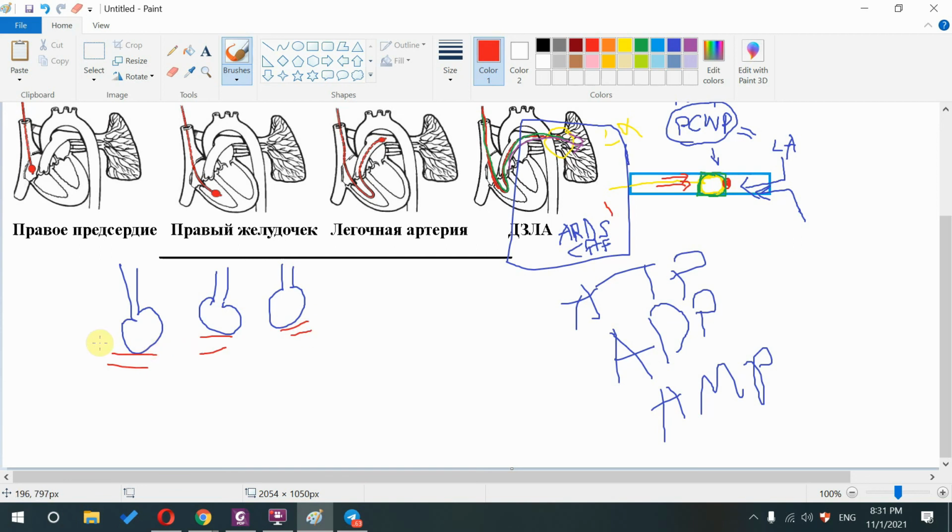Let's imagine only alveole 3 has pus in it. Yeah, it has a lot of pus in it, so it's dysfunctional, it's not working.